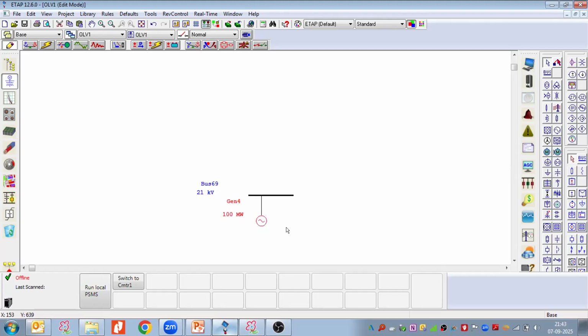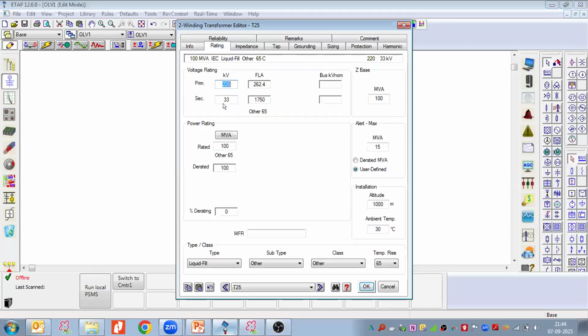Thereafter, let us consider that this generator is transmitting power at 400 kV to a power grid. So generator output voltage is 21 kV. So we have to take a transformer, and since I have taken 100 MVA, we have to take a transformer rating more than 100 MVA.